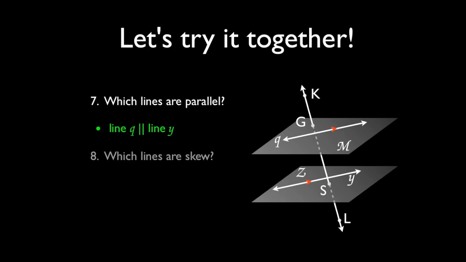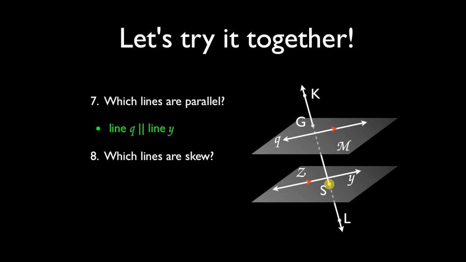Here's another question. Which lines are skew? For this one, let's take a look at the figure. Notice right here at point G, that's where line KL intersects plane M, and point G is not on line Q. Also notice that point S is where that same line intersects plane Z, and point S is not on line Y. So line KL is actually skewed to both of those parallel lines.